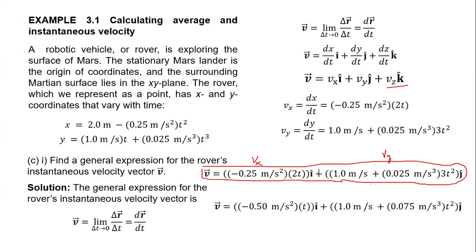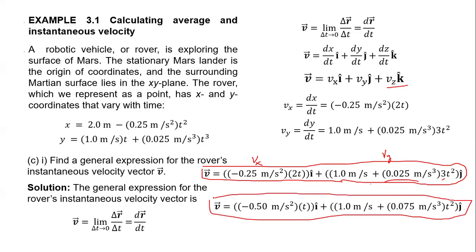Okay, so we can further simplify this. If you multiply 2 by this constant, you have negative 0.50, and if you multiply 3 by this constant, it will become 0.075. So in general your answer must look like this.